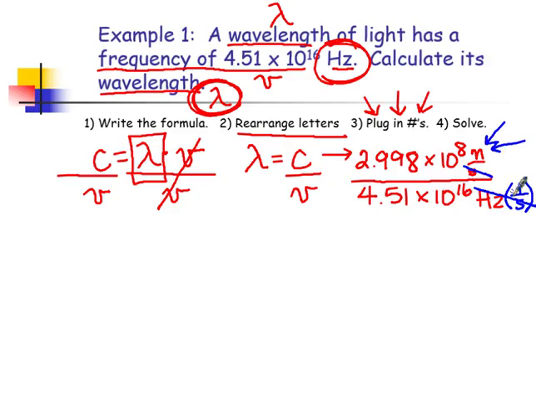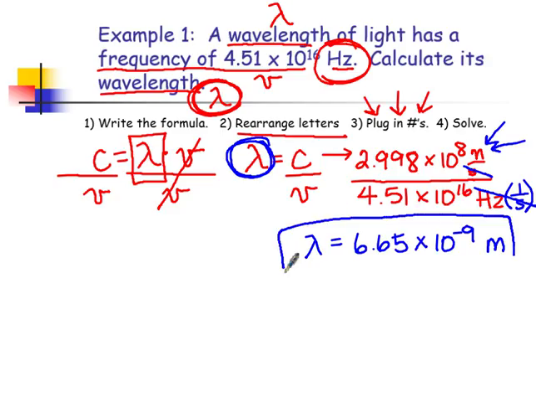meters. Well, if I go back and say, what am I finding? Well, I'm finding the wavelength. So it makes sense that the wavelength would equal 6.65 times 10 to the negative 9th meters.